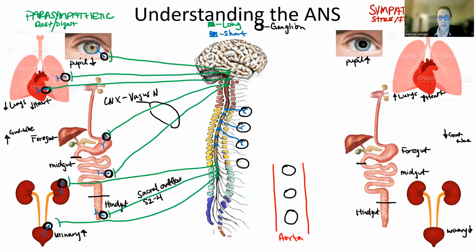This ends up meaning these are shorter because they don't have to go as far in the beginning to get to their ganglion. So these ganglion are going to be connected together in a line like this. This is called the sympathetic trunk. And so here I have a sympathetic trunk ganglion, or a sympathetic ganglion.